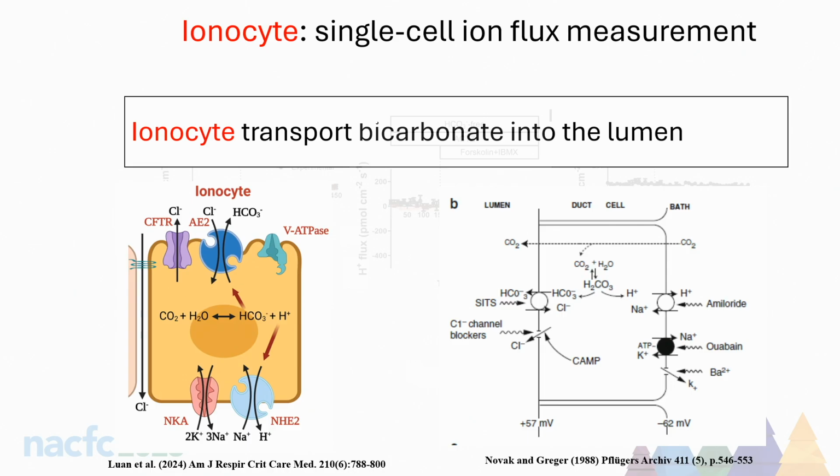Yeah, just a couple of comments, I guess. First, if you take your ionocyte model, you can make that a sodium bicarbonate secreting epithelium if the paracellular junction is sodium selective, or you can make it an absorptive epithelium.